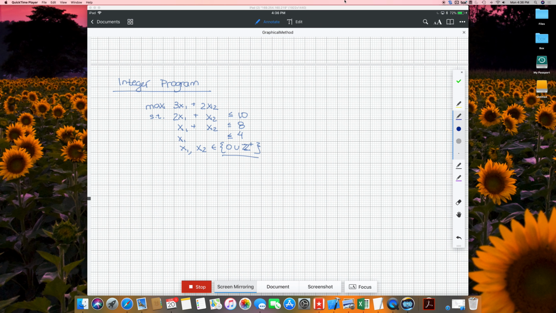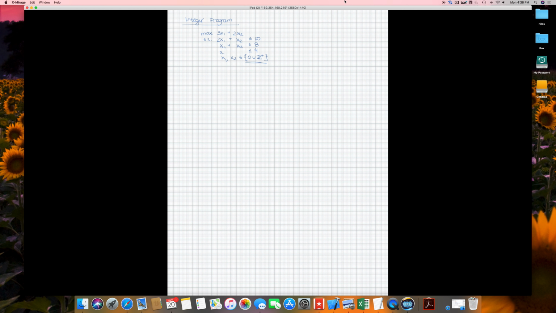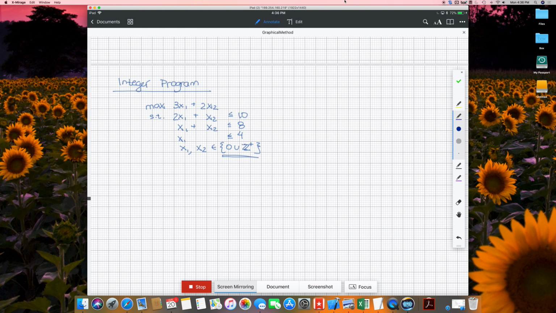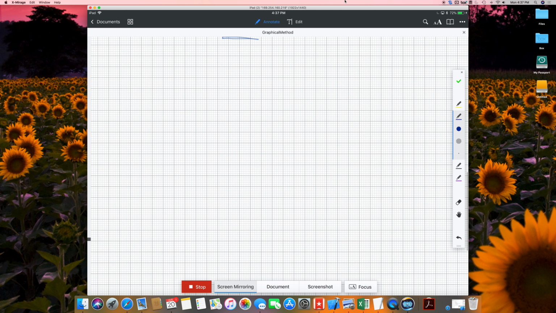So what this is saying is x1 and x2 can take on any value that is 0 or a positive integer. And so our steps apply from before, and we're going to graph it just like we did before.